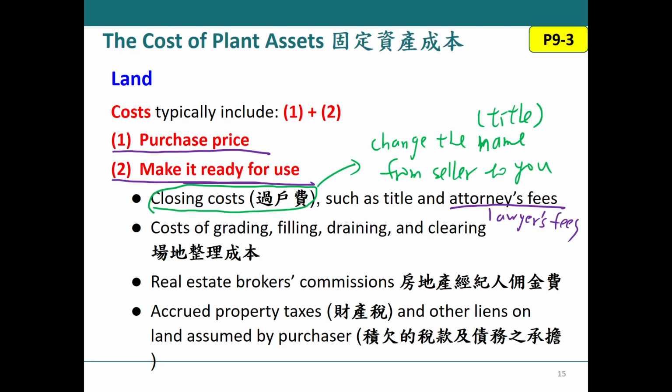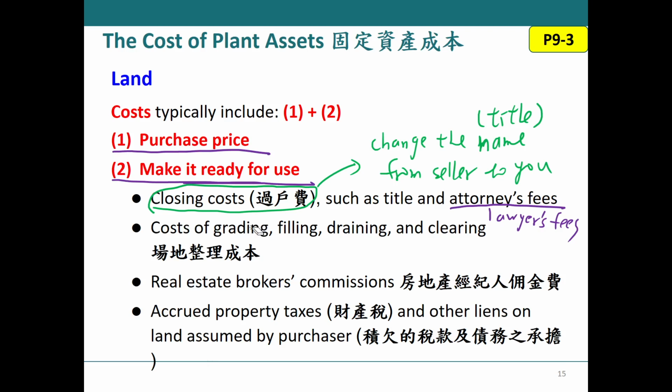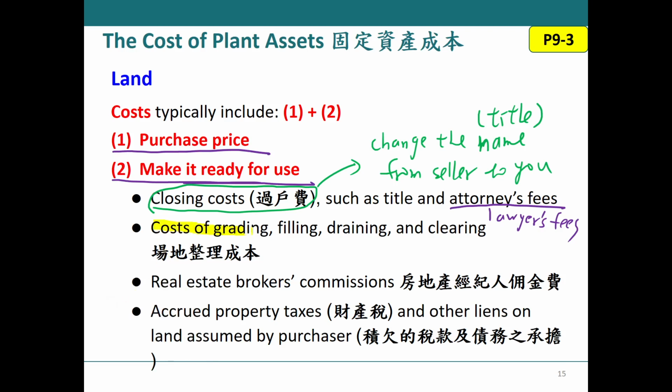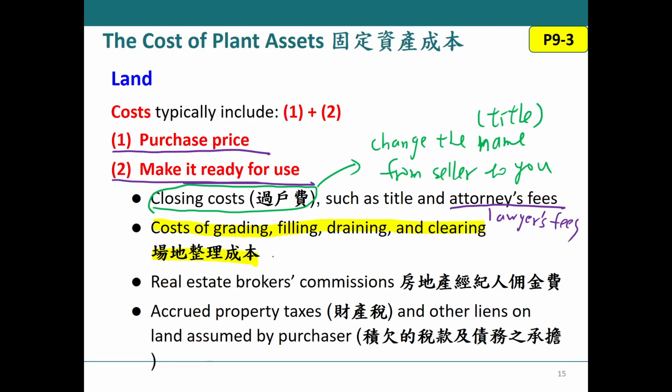Okay, so you have to do something on your land to make them have a good condition for next step, next phases. So we do this kind of things to make your land have a good condition. 场地整理成本 Okay? So use that to make your land have a good condition.